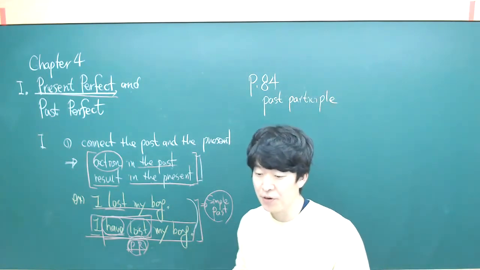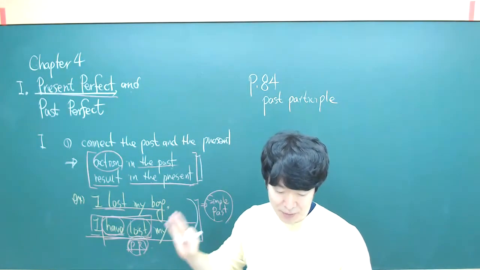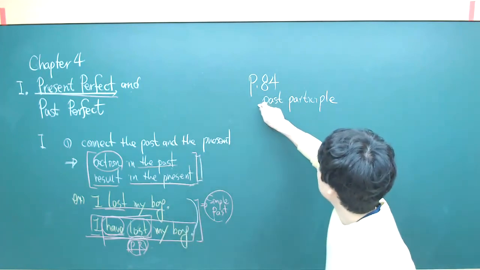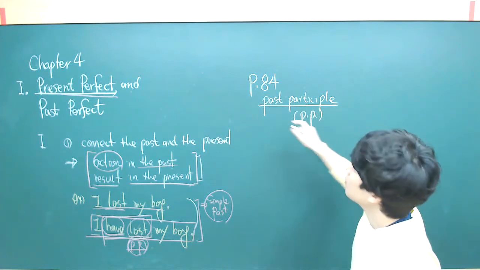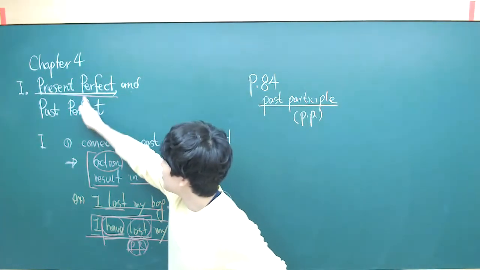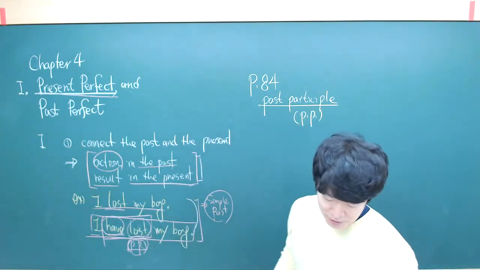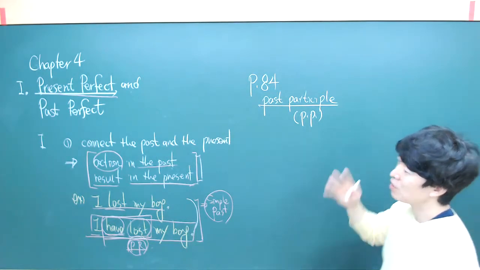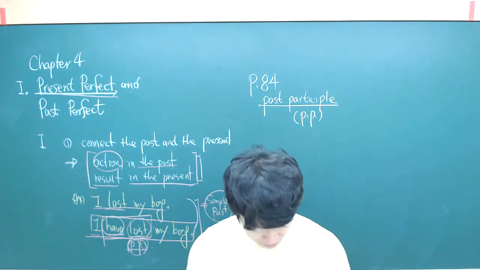Every English verb has 3 forms: simple form, simple past, and past participle. And we have to use the past participle, abbreviated PP, when using present perfect. Have PP, okay? So you have to know the past participle of the verb you want to use in speaking or in writing.